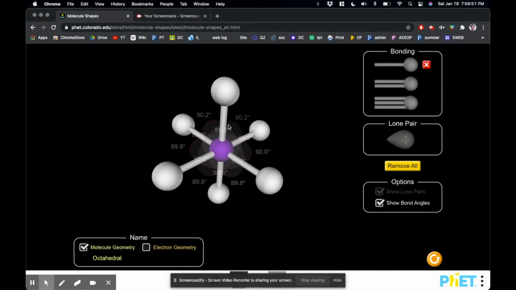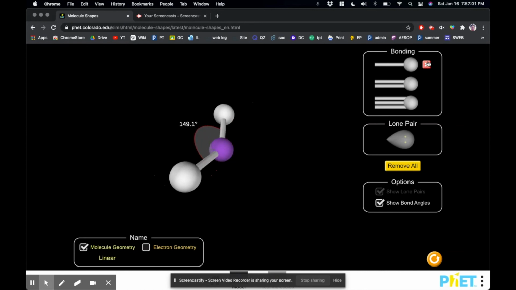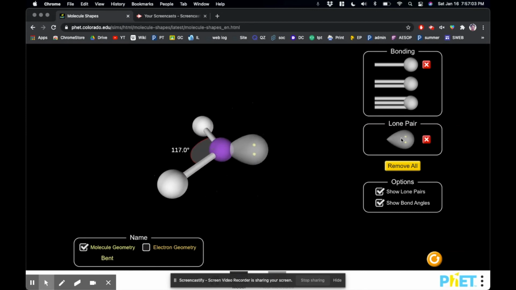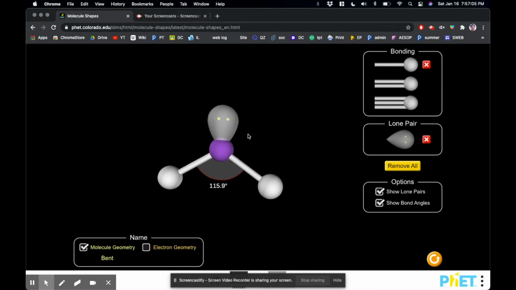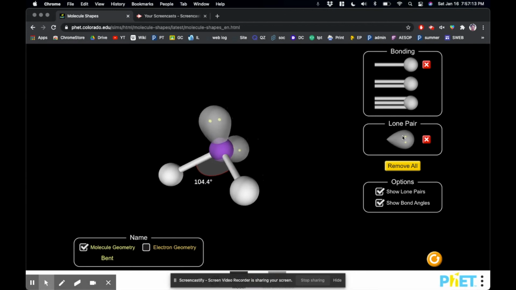Now, again, this model that you're seeing here is a model, so it's not perfect. This is not for real molecules, but it's a really good approximation of that. So notice that I can add a lone pair of electrons, and now it's bent. Technically, this would be less than 120 now, though. Same thing with this.